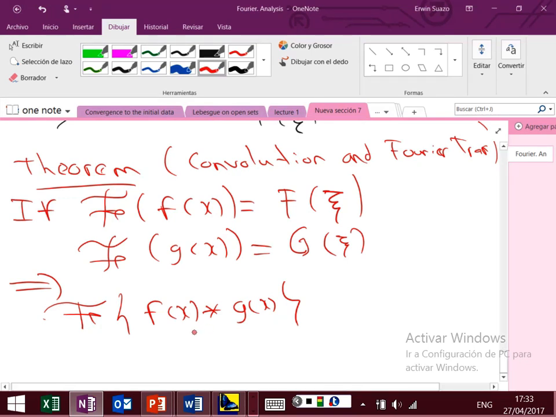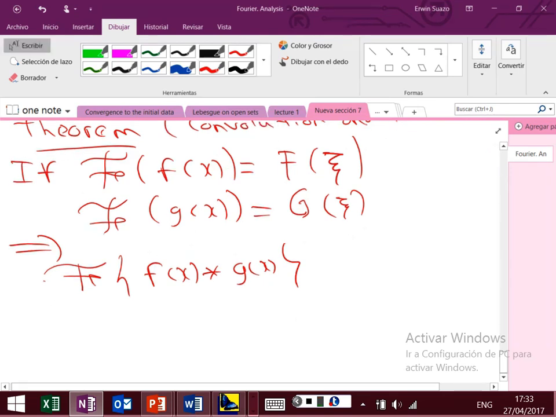My convolution is the integral of f of x, g of x minus y, dy. Okay, that's my convolution. Equals the product of the Fourier transform.